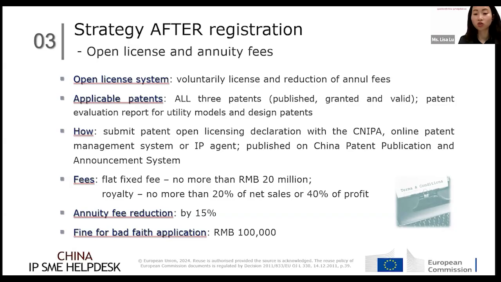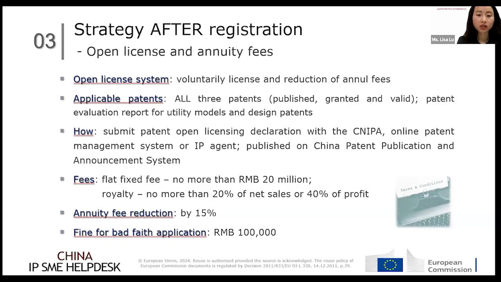That means everyone can use their patent without paying anything. I don't encourage all the European SMEs to choose that, but it's an interesting observation. And in exchange, your annuity fees can be reduced by 15%. It's actually quite a low percentage. It's not a full reduction, but only a certain amount of reduction.